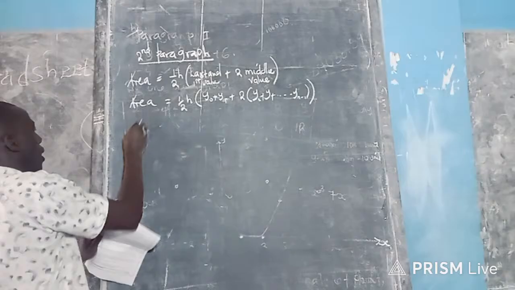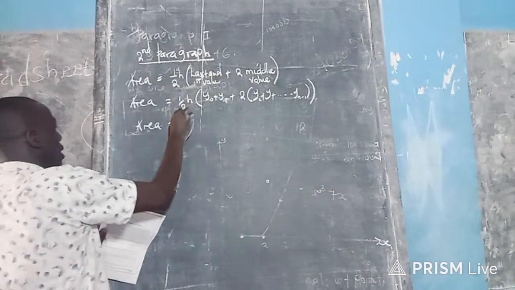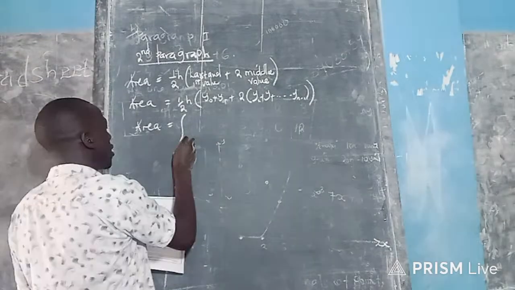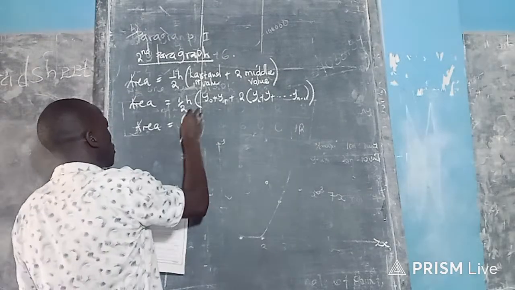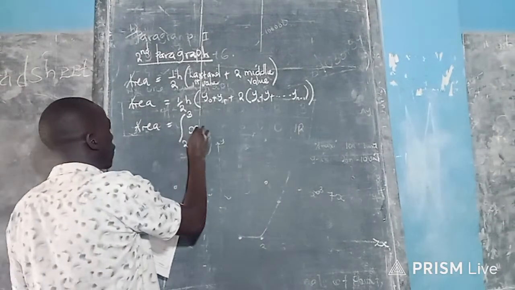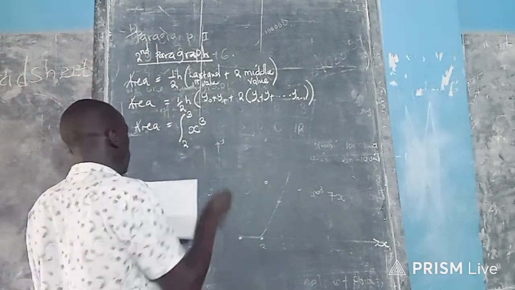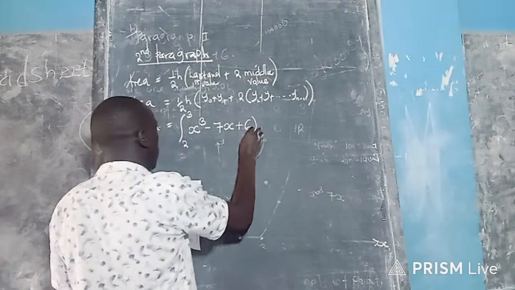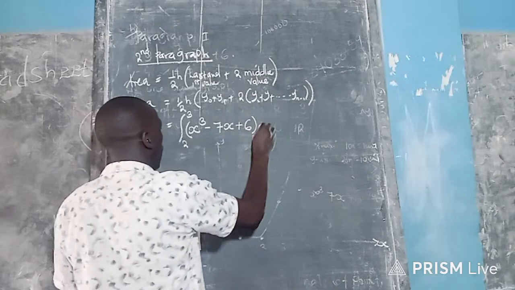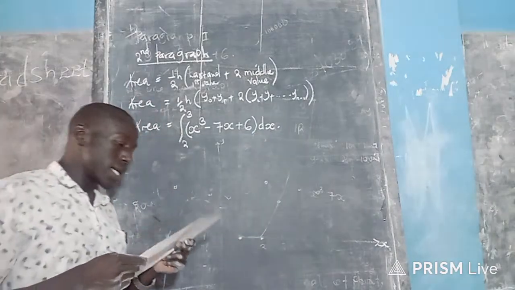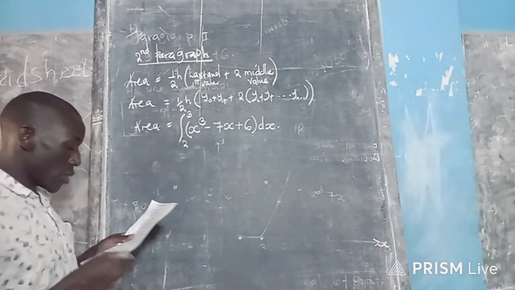So we are going to look at the given expression where they have said that the value is x equal to, so it will act as our limit, given the expression for the rod, that is x cubed minus 7x plus 6, dx. They have said here that it is under 6 ordinates.